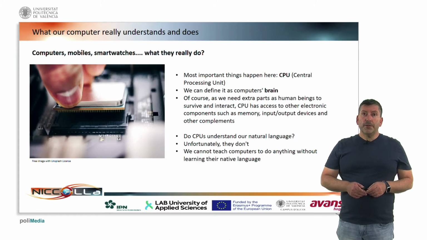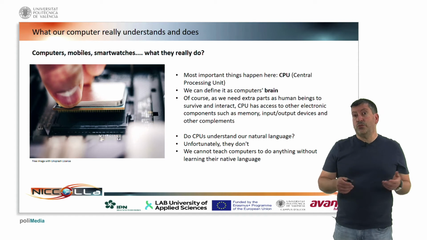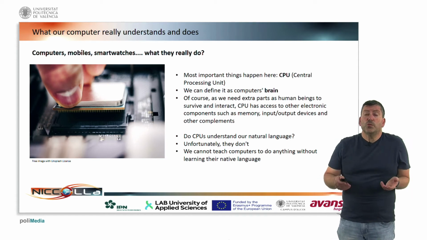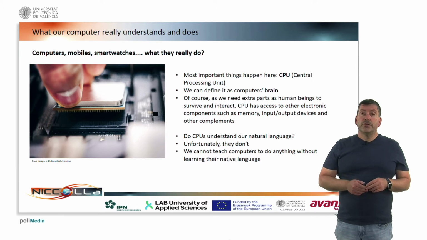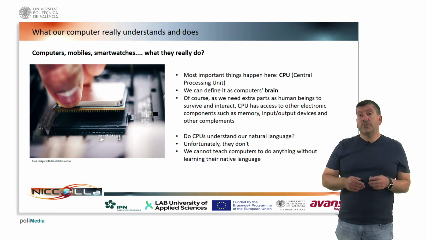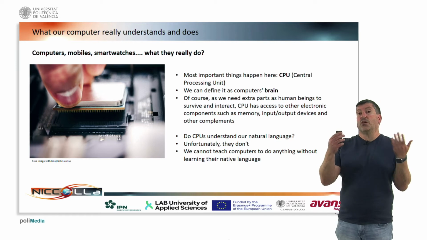So the most important thing about a computer happens in what you have in the image, okay? The CPU, we call it the central processing unit. So we can define it as the computer's brain. There's a clear analogy between the CPU and our own brain.